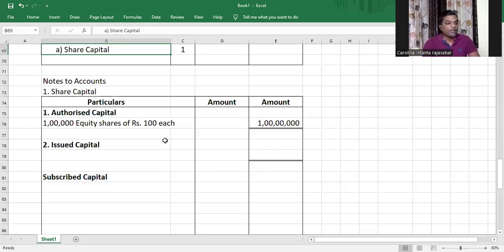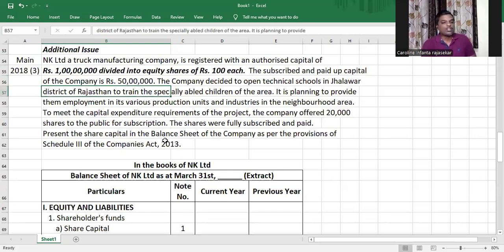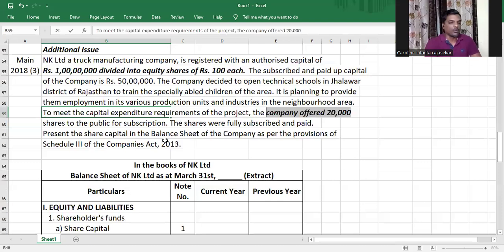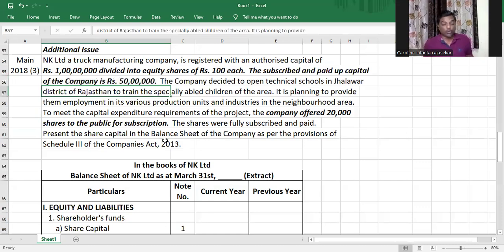Understood? Now, people actually made a mistake here, my dear children, in the issued capital. Everyone focused on the new issue only. The company offered 20,000 shares now for issue, right? So everyone focused on that. Or some people focused only on what the company had already issued. The fact is, the company had already issued 50 lakhs and it had been subscribed by the public and fully paid up by the public too.